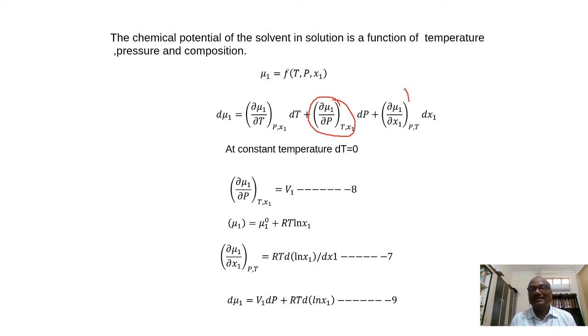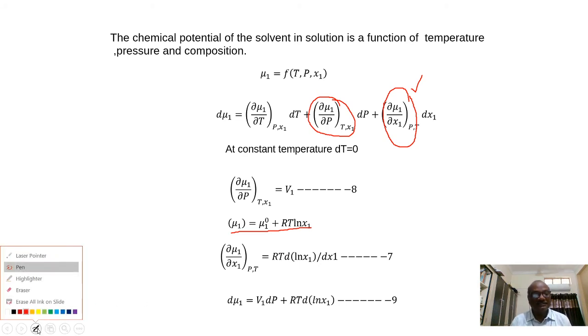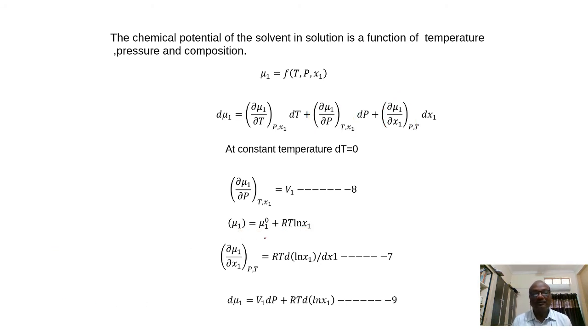Next we have to calculate d mu1 by dx1 at constant pressure and temperature. To calculate this second term, we consider this equation, which gives a relationship between the chemical potential of the solvent and its mole fraction in the solution: mu1 equals mu naught 1 plus RT log x1.